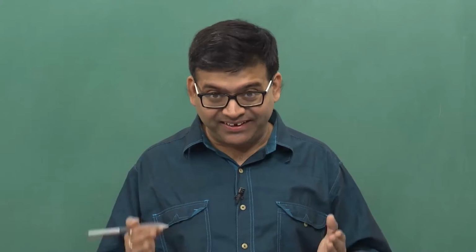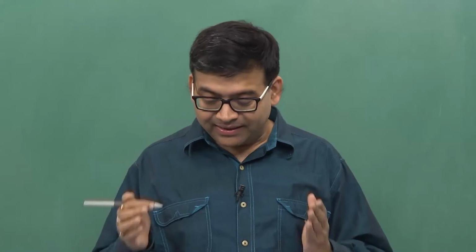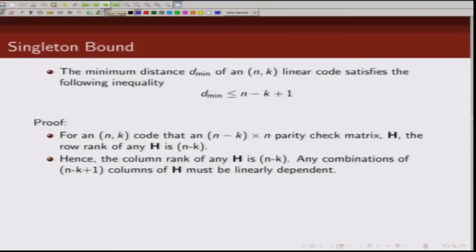If the column rank of parity check matrix H is n minus k, that means if we take n minus k plus 1 columns, they must be linearly dependent.